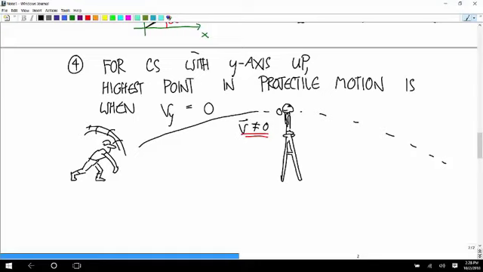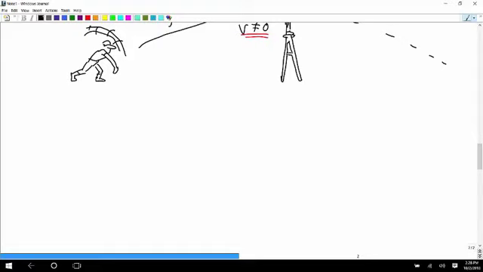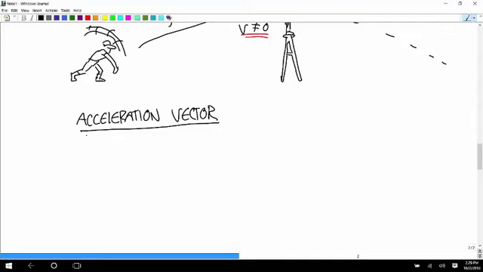And then the last definition we need is for the acceleration vector. Remember that in 1D, and it's true here too, acceleration is a measure of how quickly the velocity is changing.